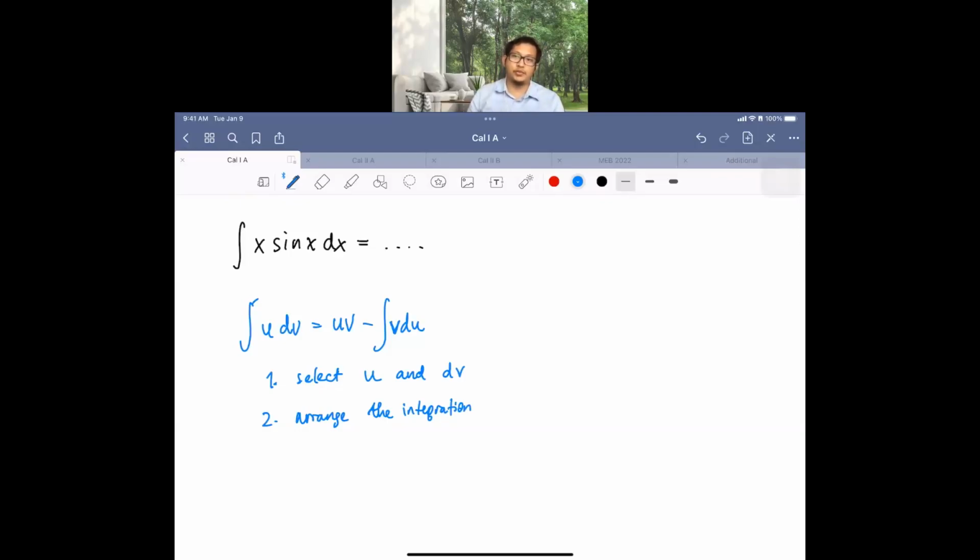So you need to find which part you want to differentiate and which part you want to integrate. By selecting u and dv, the implication is you are going to find which part you are going to differentiate, u becomes du, and which part you are going to integrate.